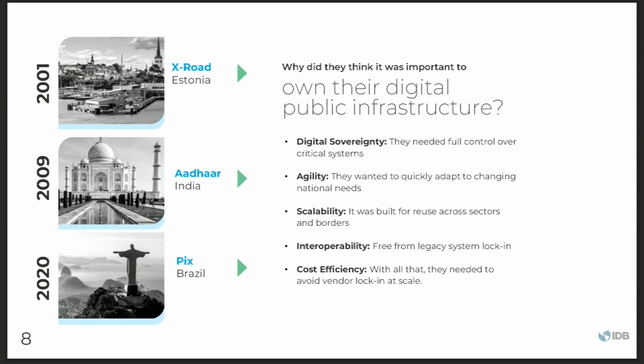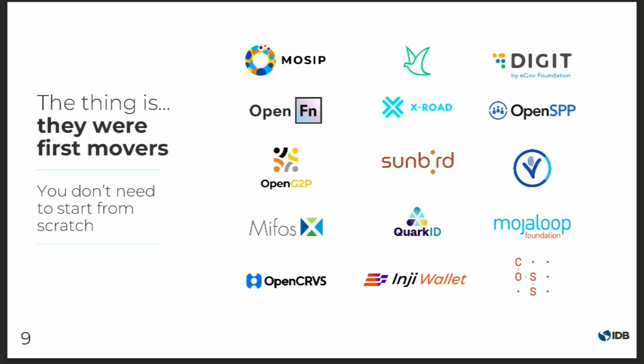So with having to scale really fast, having to adapt to different use cases really fast, all of this costs money. And if you own the code and if you're not dependent on a single vendor, you are more cost efficient. But the thing is, they were first movers.